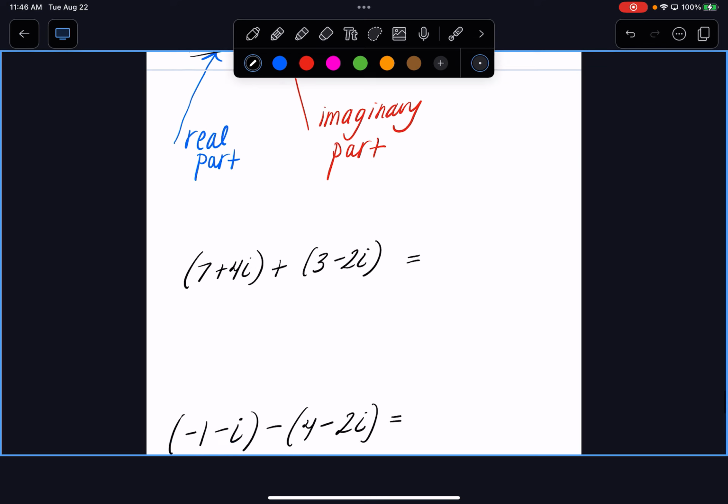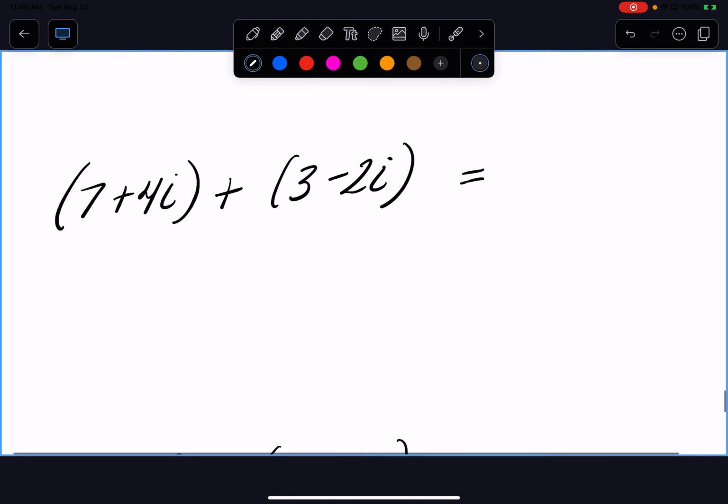These are not like terms. Real numbers are not alike to imaginary numbers. So everybody, let's look at this. If I said to you, add these 2 complex numbers, just because there's parentheses does not mean it's multiplication. Do you or do you not see with your eyeballs an addition sign? You do. So what does addition mean? Add, not multiply. So you combine real parts with real parts. Aren't real numbers able to be added to real numbers?